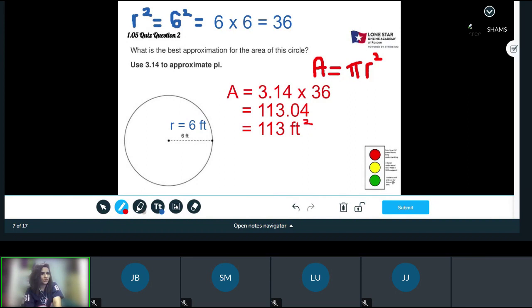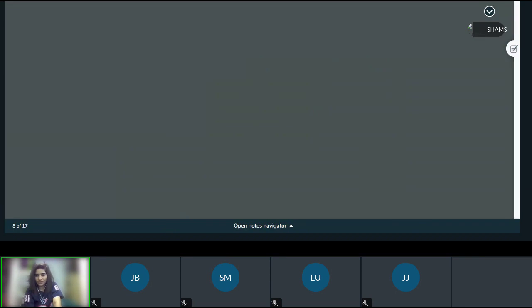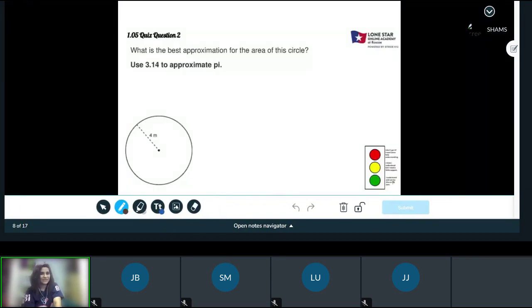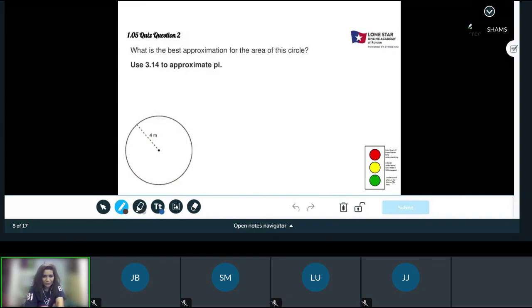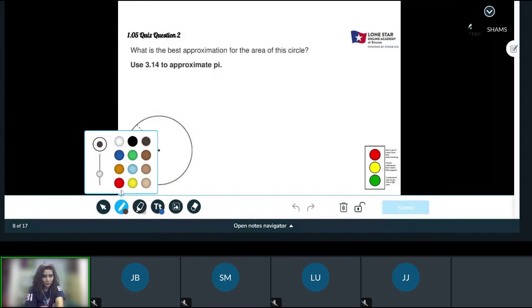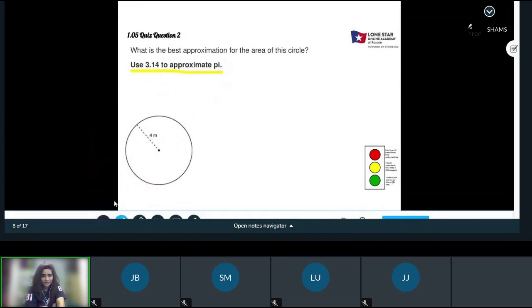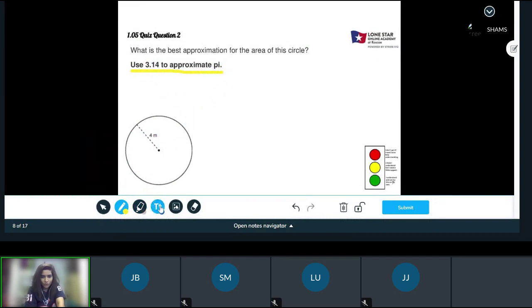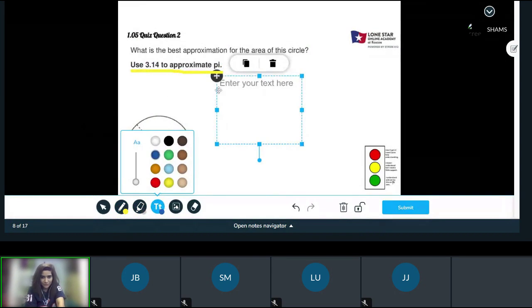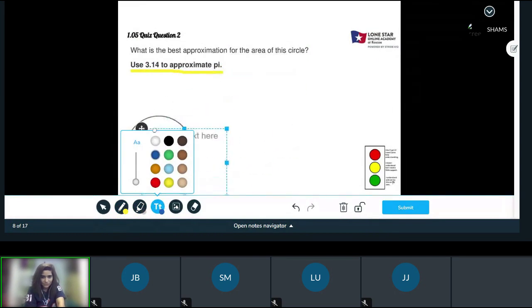Let's look at one more version of question 2 and then we will do another poll. And we will see how our class is doing. So if you have questions, watch carefully. We want to use 3.14 for pi. And our radius is 4 meters, right? The radius in this question is 4 meters.